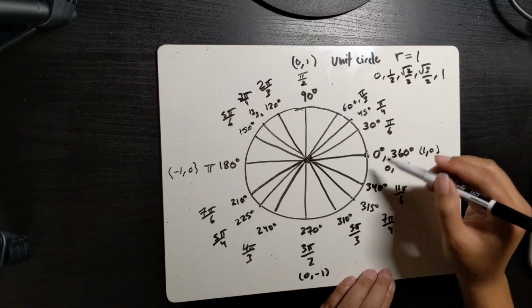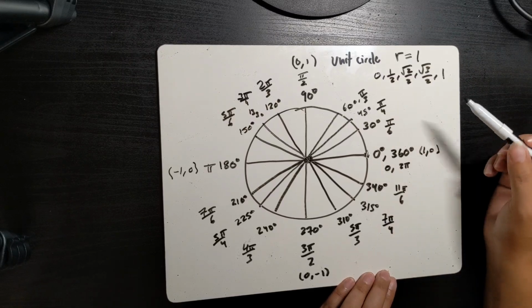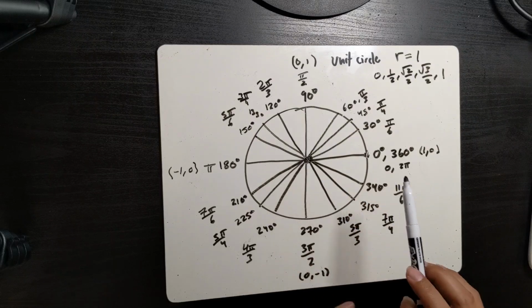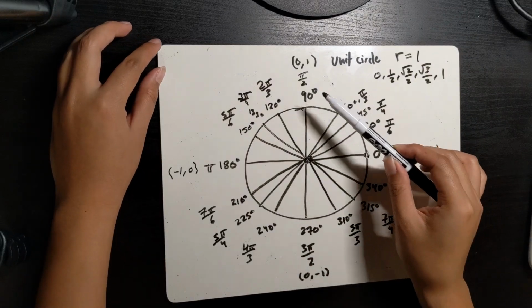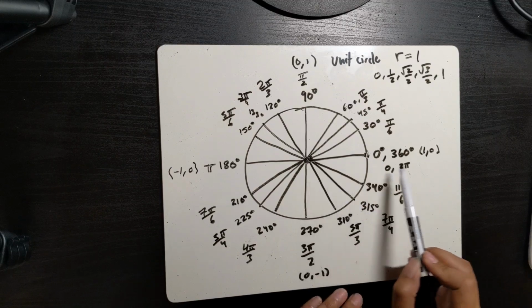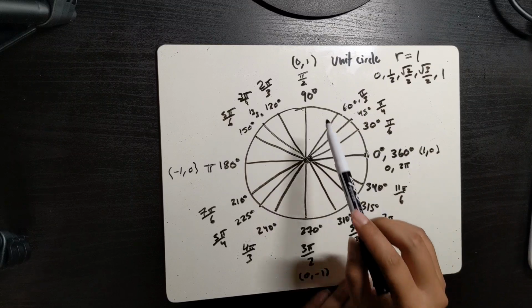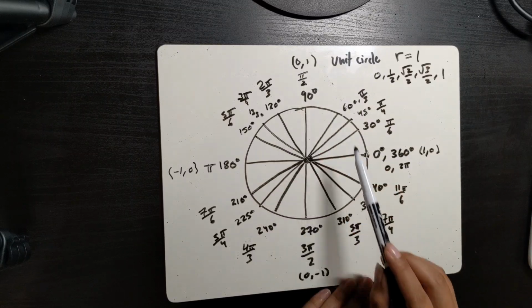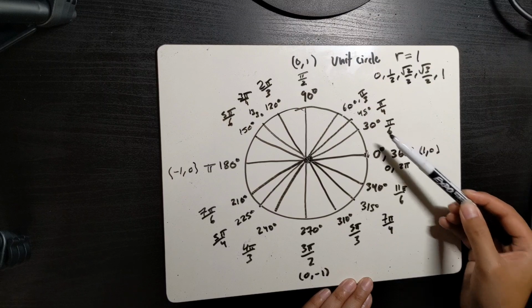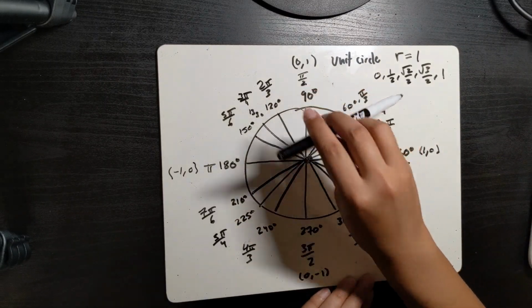Now, what about the 30 degrees? At 30 degrees, well, first, if you notice, as we approach the 90 degrees, where y is at its maximum value, x is decreasing. Meanwhile, y is increasing, approaching 1. X is decreasing from 1, while y is approaching 1.